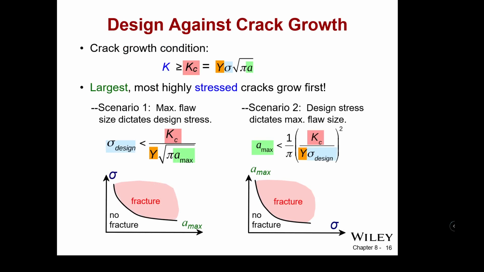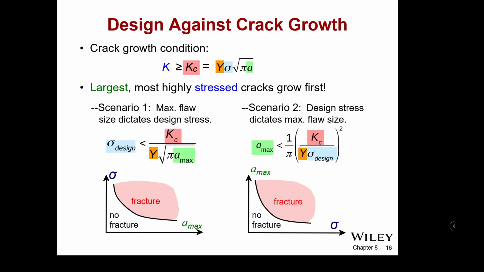Same here, where we change the formula slightly for the concept, where we say this dictates the max flaw size, rather than the max flaw size dictates the design stress. We can say it the other way around and say, well, the design stress dictates the maximum flaw size.